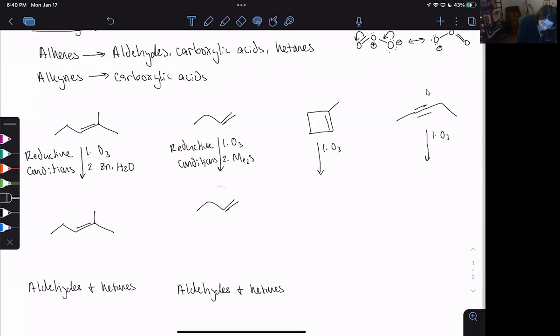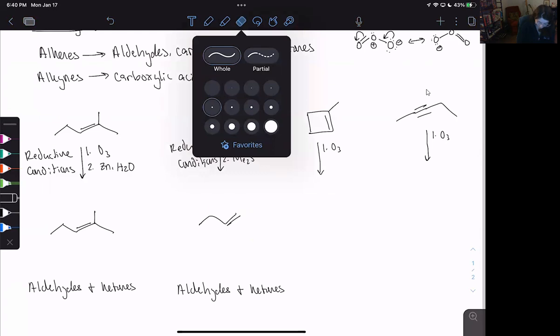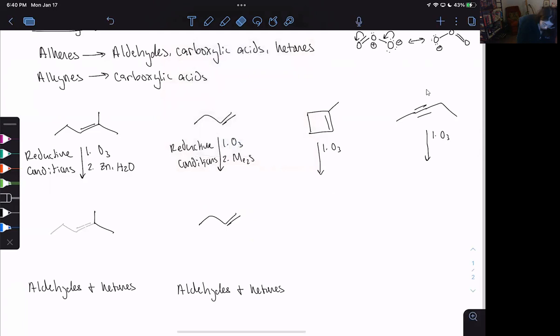The way that I think is best to draw these products out is we are literally going to get our eraser out, make it nice and small, and we're just going to erase, oh no, make it partial. We're going to erase part of that alkene.